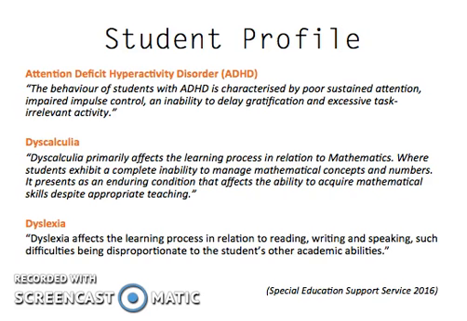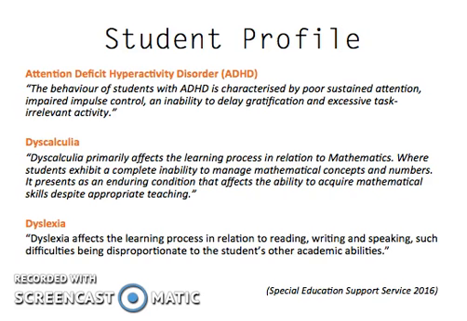Mary's profile: ADHD. The behaviour of a student with ADHD is characterised by poor sustained attention, impaired impulse control, inability to delay gratification and excessive task-irrelevant activity. Dyscalculia primarily affects the learning process in relation to mathematics, where students exhibit a complete inability to manage mathematical concepts and numbers.